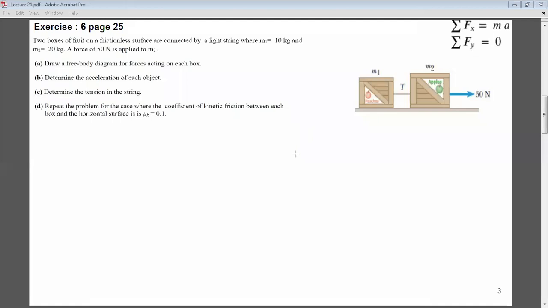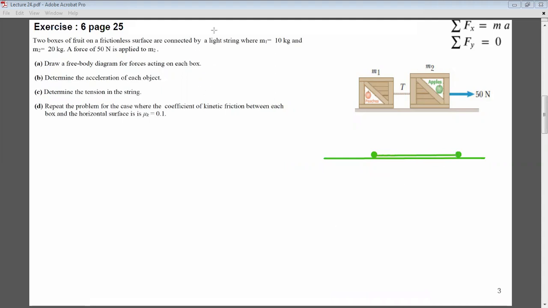So first, there is this surface, so I have to draw the surface. And then I have the two objects. This is object 1, and this is object 2. I'll draw them a bit far away from each other. And then we are free to connect them with the rope. Okay, so we connect them with the rope.